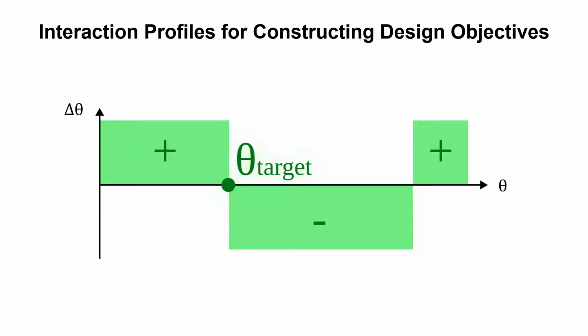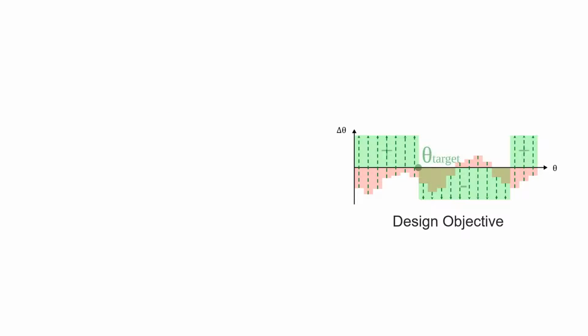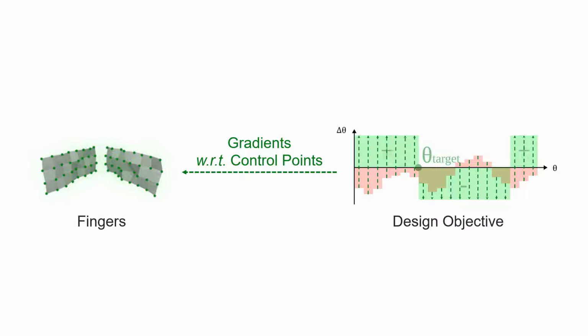Given the target interaction profile and the interaction profile of current fingers, we can easily construct a design objective to update the manipulator geometry. Given the design objective, how can we update finger shapes? In other words, how can we get the gradients of design objective with respect to shape control points?